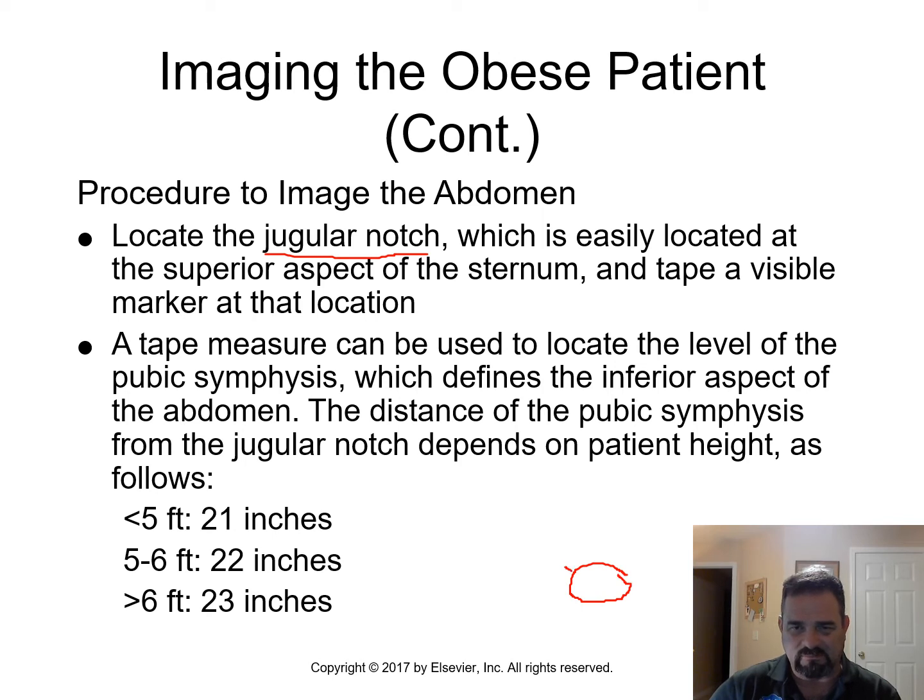The patient, there's his belly, and there's his legs, so his symphysis pubis is here, and his notch is here, and you're measuring that tape, you've got all this distance to cover. So it's going to be greater than these distances, and that's what you're going to have to start deciding on your compensation factors to adjust kVp and mA.